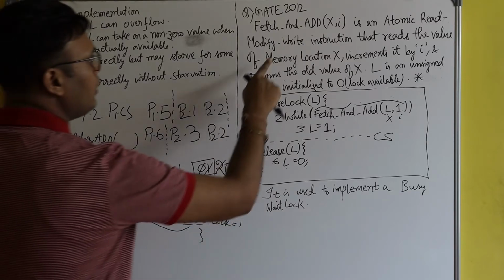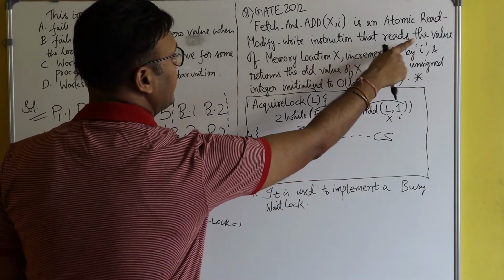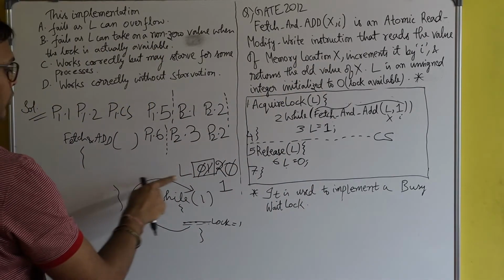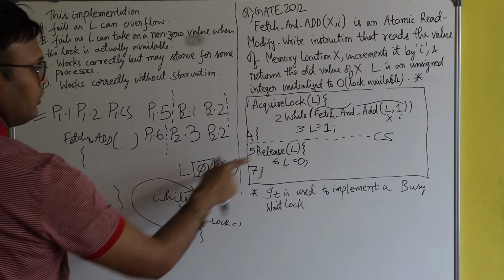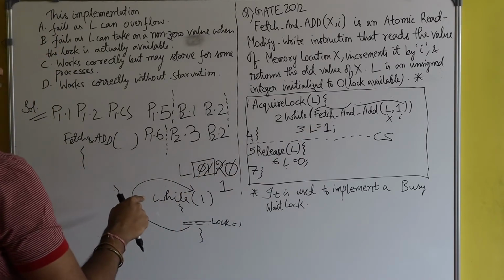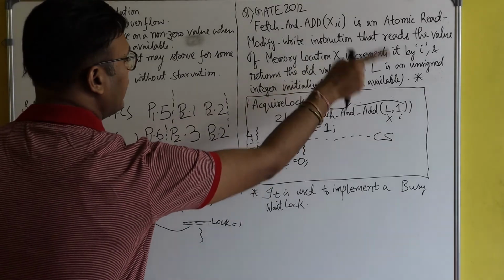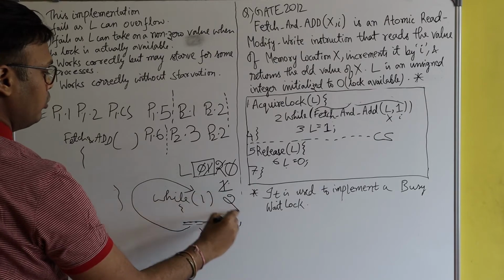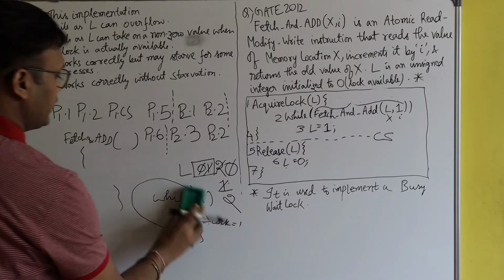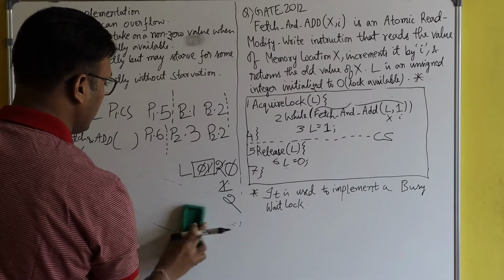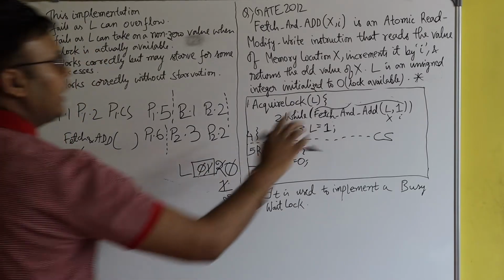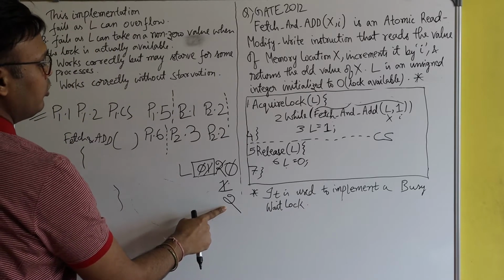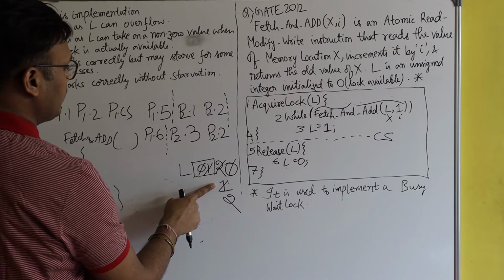Fetch and add reads the value of memory location X. So here it will read the new value of L, that is 1, and increments by I, so 1 is incremented to 2, and returns the old value of X. Before that, the value of L was 1.